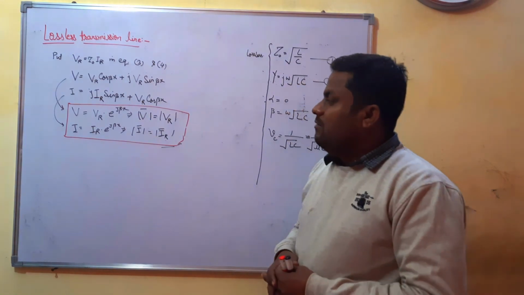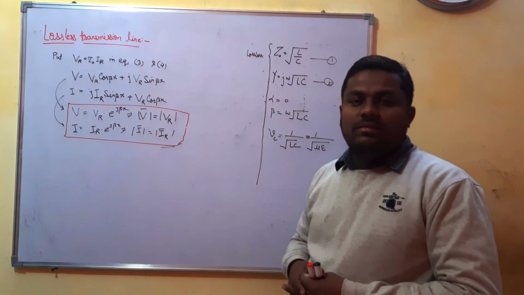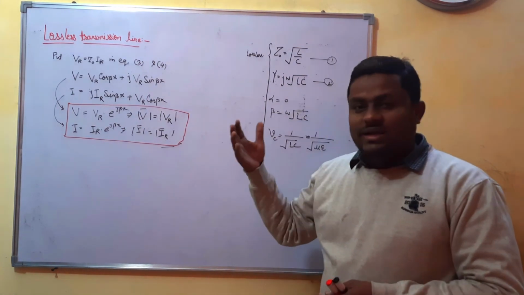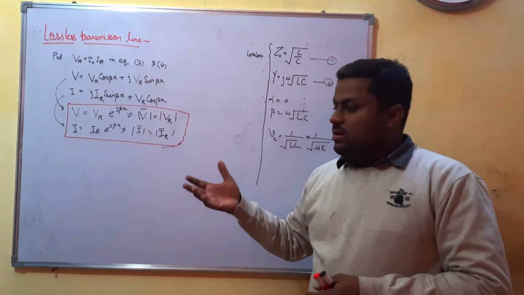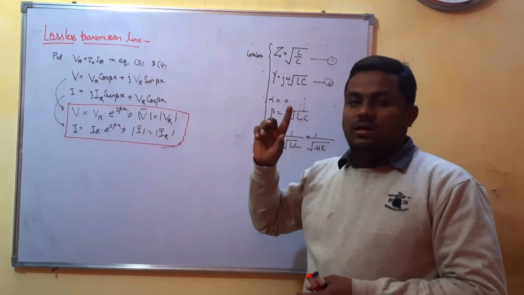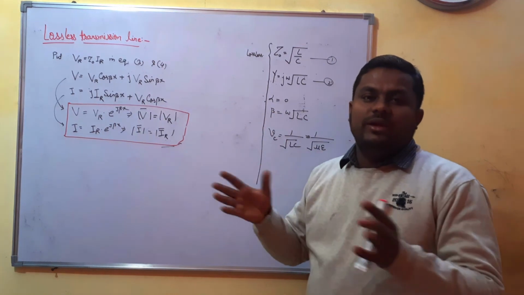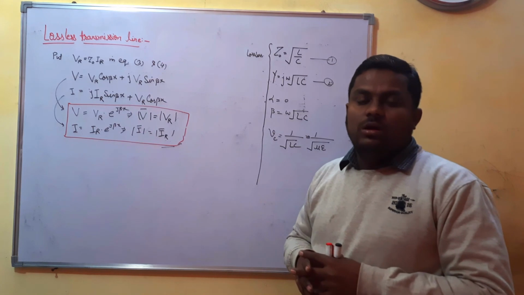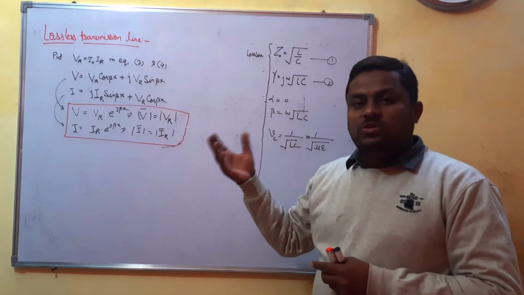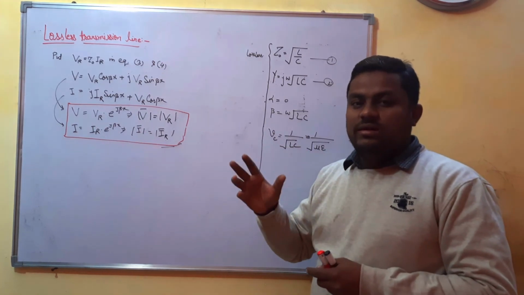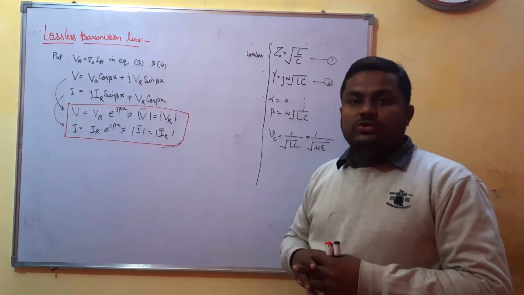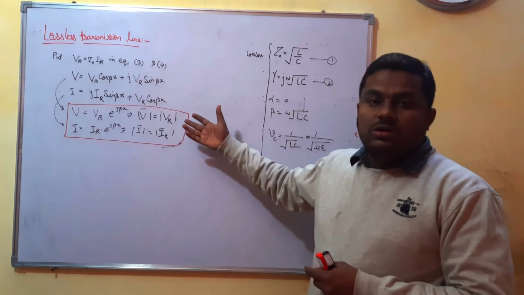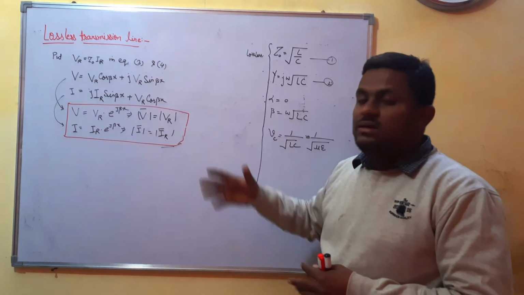But for a power transmission line, in practice it is not possible. Why? Because at the consumer end, load is varying. Consumers can switch on or switch off any appliances, which we don't know. So the load at the consumer end is varying, so it cannot always be equal to the characteristic impedance Z0.